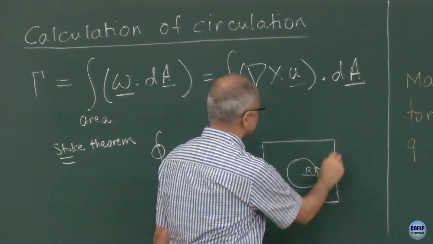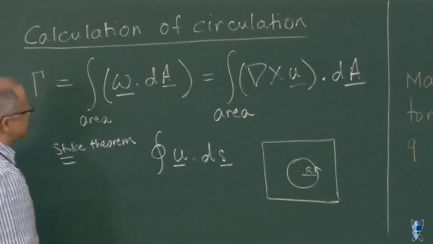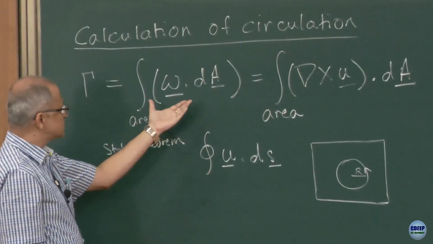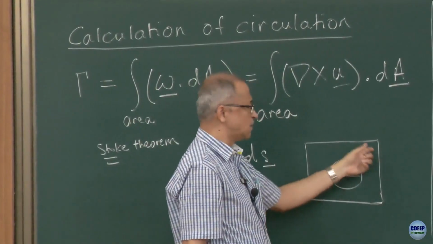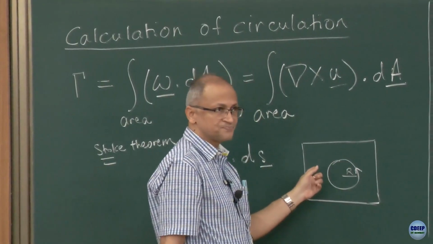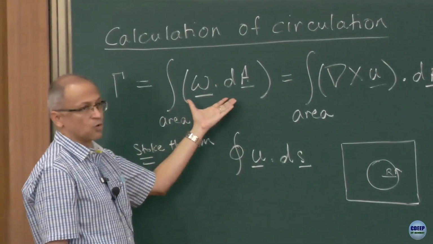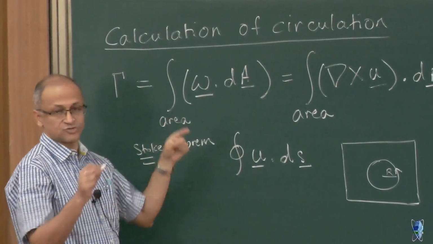But what we are trying to say is that if I look at this region and I enclose all the vorticity which is there in that region, and we know that this is the only region which has vorticity, outside that there is no vorticity. So here we are trying to look at what is the total vorticity which is there in the area which I am enclosing.